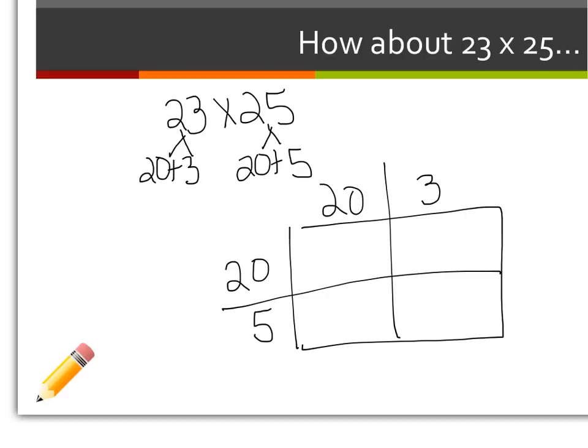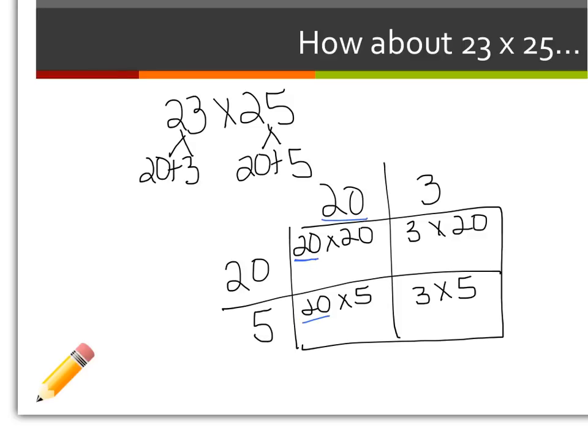So I will multiply 20 times 20, 3 times 20, 20 times 5, and 3 times 5. Notice the correlation.